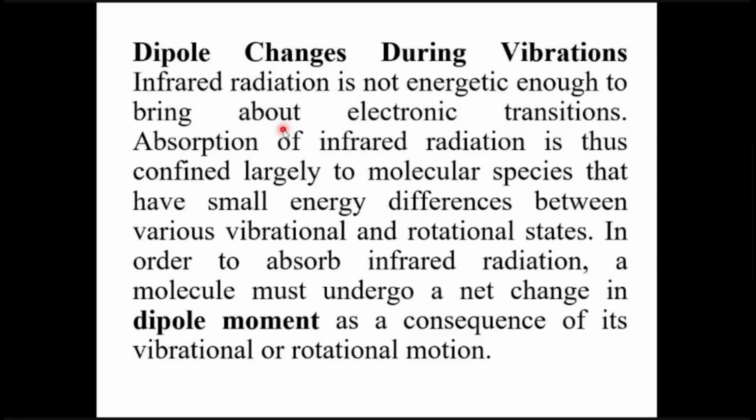When atoms have different electronegativity, they have different density of electron clouds around them. I repeat, if the atoms forming the molecule have different electronegativity, maybe one atom within the molecule has more electron density around it as compared to the other atom.